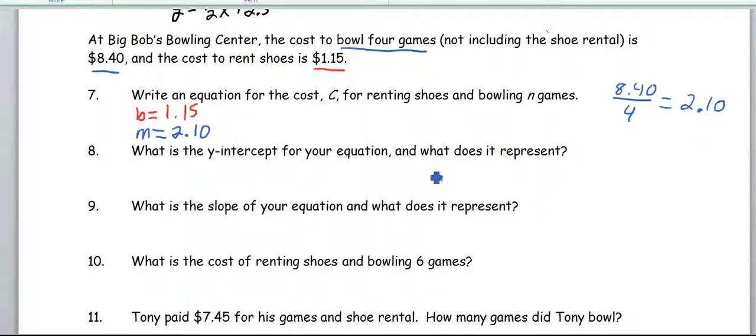So here, they want us to use C for cost, N for games. Our C here is going to be our dependent variable.